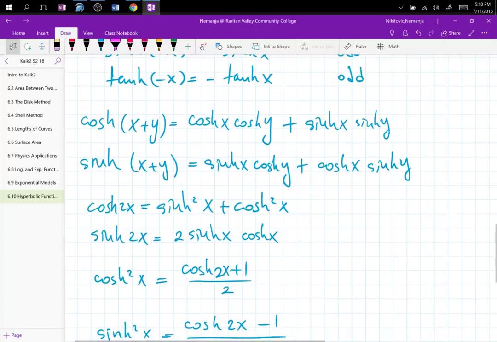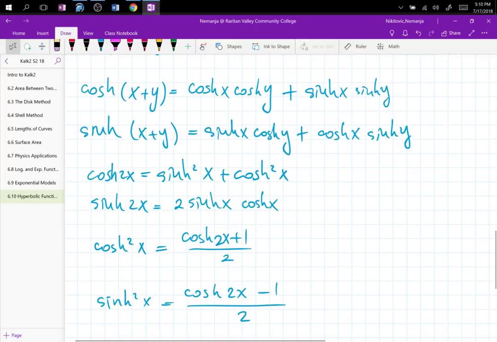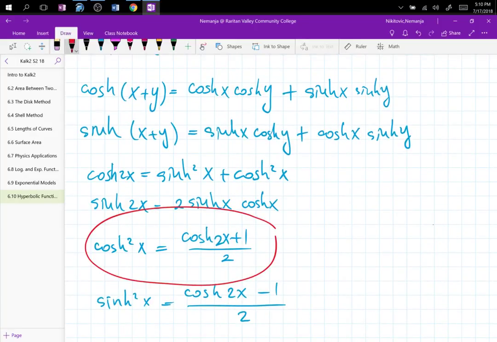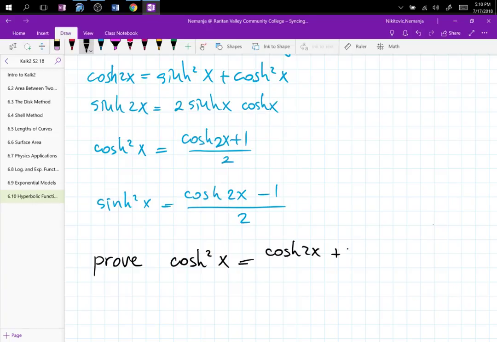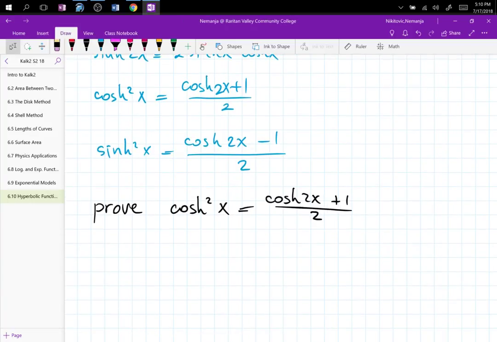Cosine squared hyperbolic, right? So this one. All right, perfect. So let's prove that the cosine hyperbolic squared x is equal to cosine hyperbolic 2x plus 1 divided by 2. All right, so what do we know?